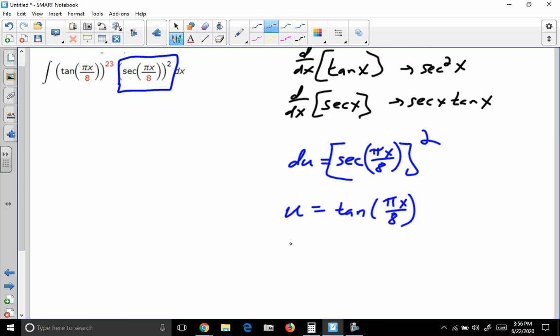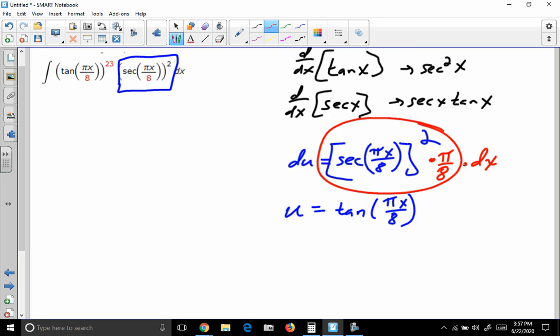So our du, when I said that's going to be part of our du, we need to find out what else is going to go with that. If we take the derivative of this, the derivative of tangent is secant squared times the derivative of the inside. Pi over 8 is a constant, the derivative of x is 1, and then we have our dx.